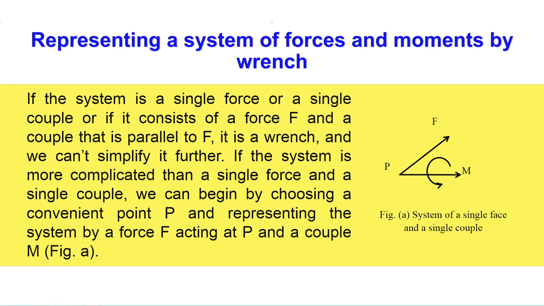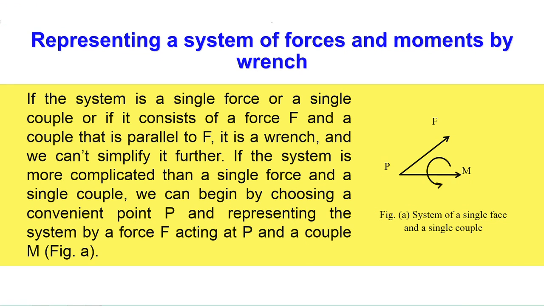This is the simplest system; we cannot simplify further. If the system is more complicated than a single force and single couple, we can begin by choosing a convenient point P and represent the system by a force F and a couple M.